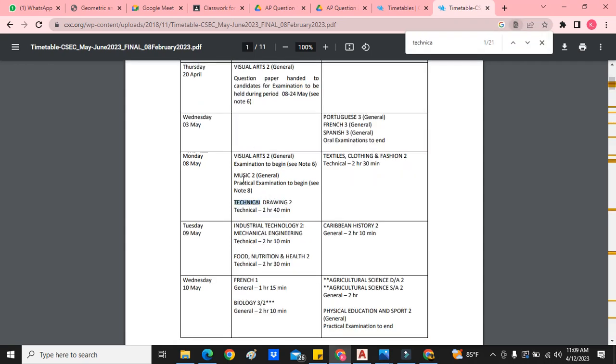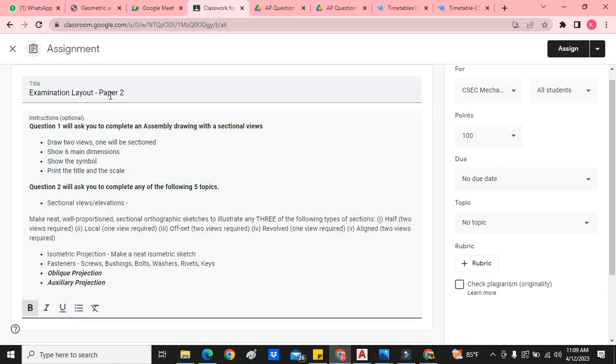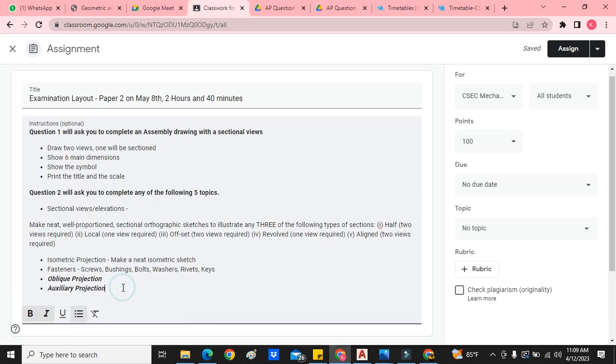Alright, technical drawing 2, May the 8th, 2 hours and 40 minutes. So that is the date for the exam. If you get to the exam half an hour late, you fail the exam. So it's very important to make sure that you are present.